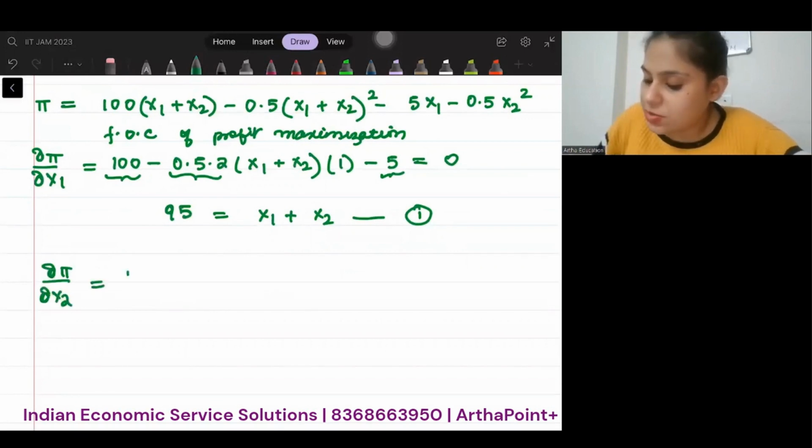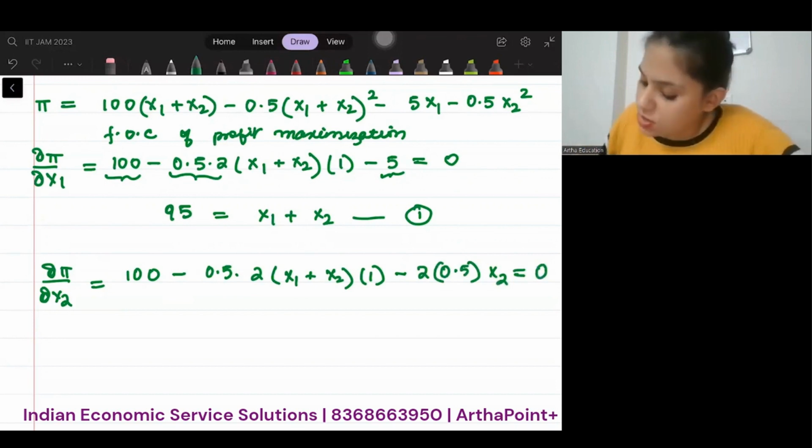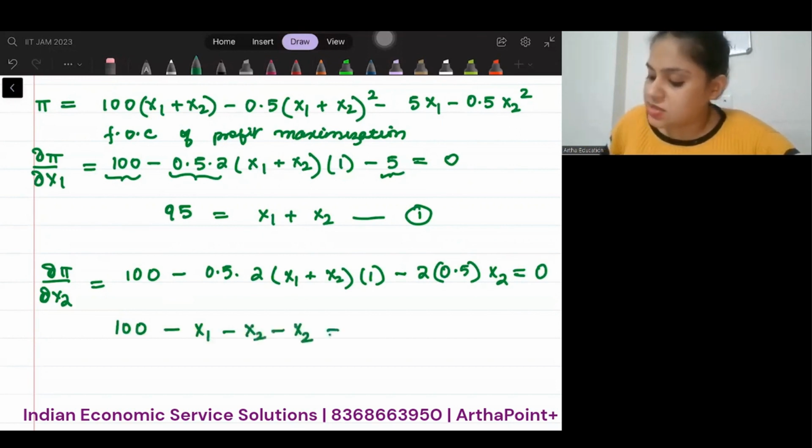So you will get 100 minus, using the chain rule, 0.5 into 2 (x1 plus x2) into 1, minus 2 into 0.5 x2, is equal to 0. So you will get 100 minus x1 minus x2 minus x2 as 0.